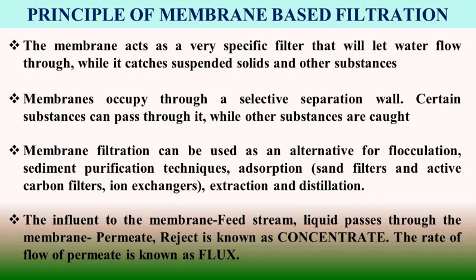The influent to the membrane is the feed stream, the liquid passed through the membrane is called permeate, and the rejected water or effluent is known as concentrate. The rate of flow of permeate is known as flux across the membrane filter.